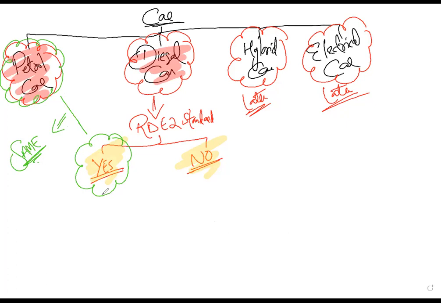If the diesel car is yes with RDE2 standards, it will be treated the same as a petrol car. What if it's not meeting the standard? The working will change, and we are going to discuss this later on. Any questions?